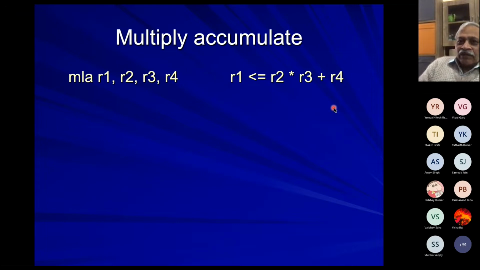Such an instruction is very useful when, let's say, you have the dot product of two vectors. Suppose there is one vector A1, A2, A3, A4, and another B1, B2, B3, B4. So the dot product means A1 B1 plus A2 B2 plus A3 B3, and so on. So this instruction actually simplifies a sum of product computation of this form.